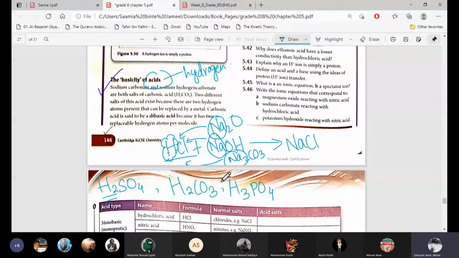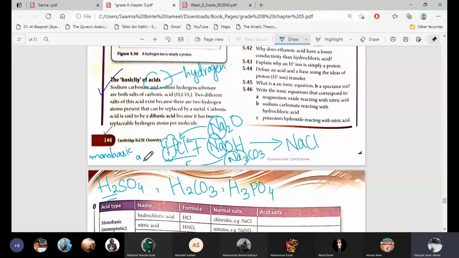So the number of hydrogens which can be replaced by a metal is known as the basicity of acids. It is called basicity because the metal is mostly provided by a base or an alkali. It is also known as protic, which is another name. Like HCl, we can call it a monobasic acid.